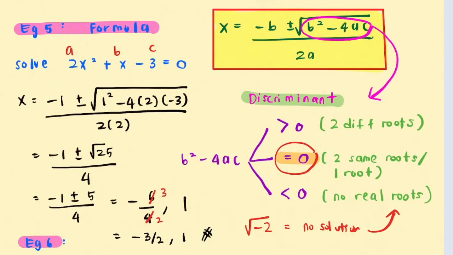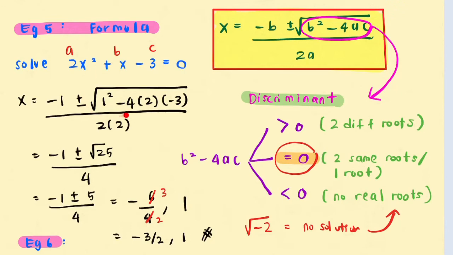Take note that b squared minus 4ac is the discriminant. Okay, so what is the usage of discriminant? So this discriminant can describe your roots. So if you got equal to 0, therefore this is 2 same root, or you can call it 1 root. Another one, if it is more than 0, therefore you'll get 2 different roots, as what we have done here.